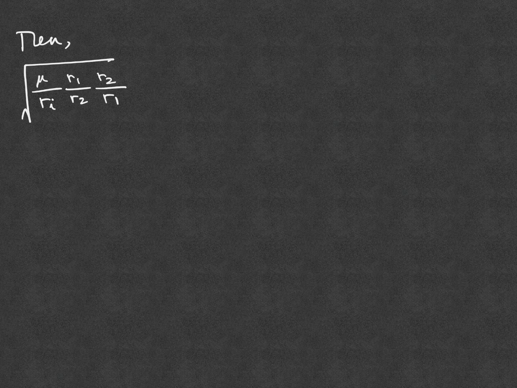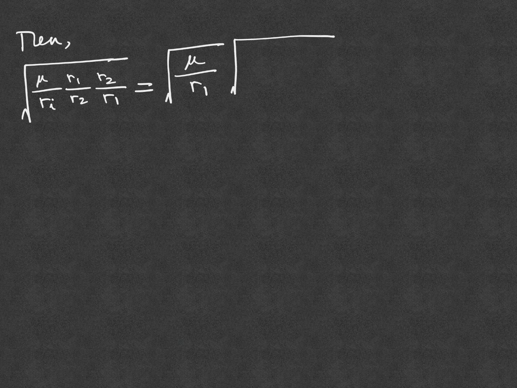So then, the square root of mu over Ri times R1 over R2 times R2 over R1 is equal to, well, if I pull the R1 to the front of this square root, I've got the square root of mu over R1, and then if I interchange the R1 with the Ri, I wind up with R1 over R2 times R2 over Ri. Now we know the square root of mu over R1 is equal to VC1.